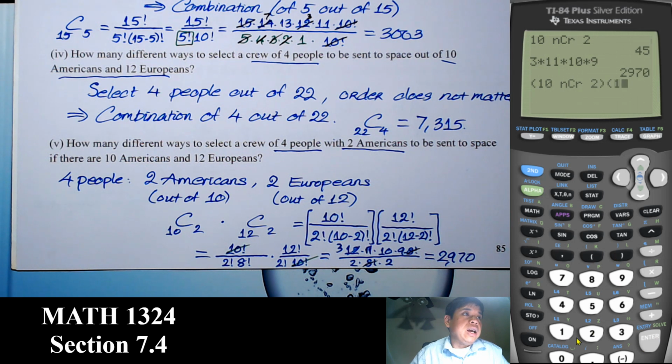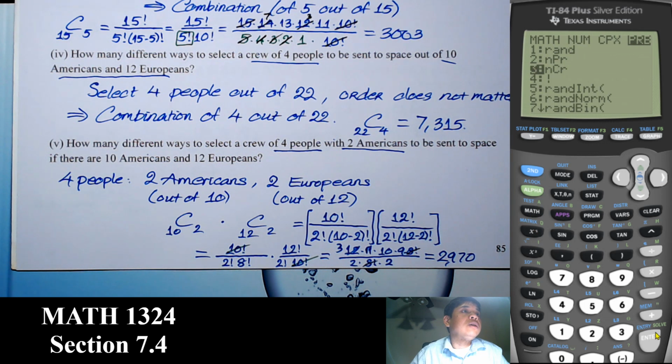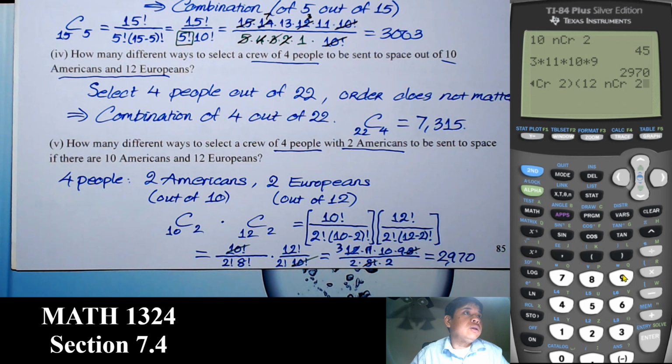Or if we use the calculator, we have combination of 2 out of 10 times combination of 2 out of 12. That's what we have. So we can do it by hand or use a calculator, but more importantly we need to determine which one is the combination and which one is the permutation. When order matters, when we talk about positions or different rows, that's permutation. For combination, we talk about people in a committee or a group.